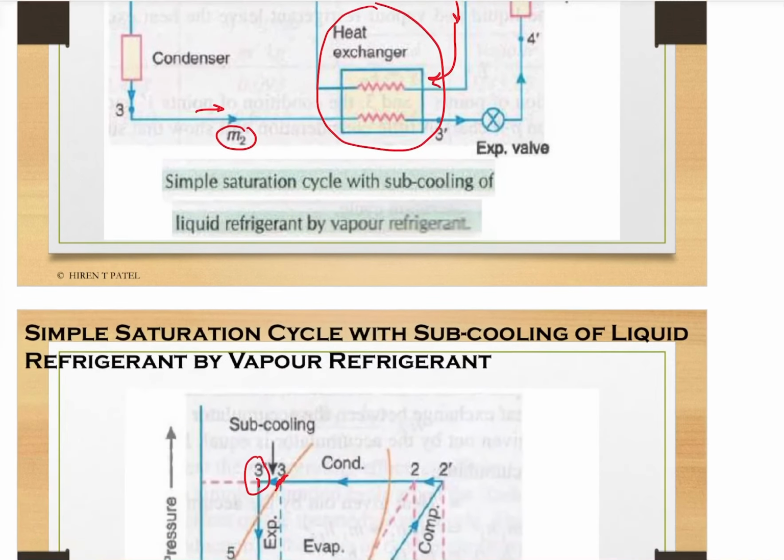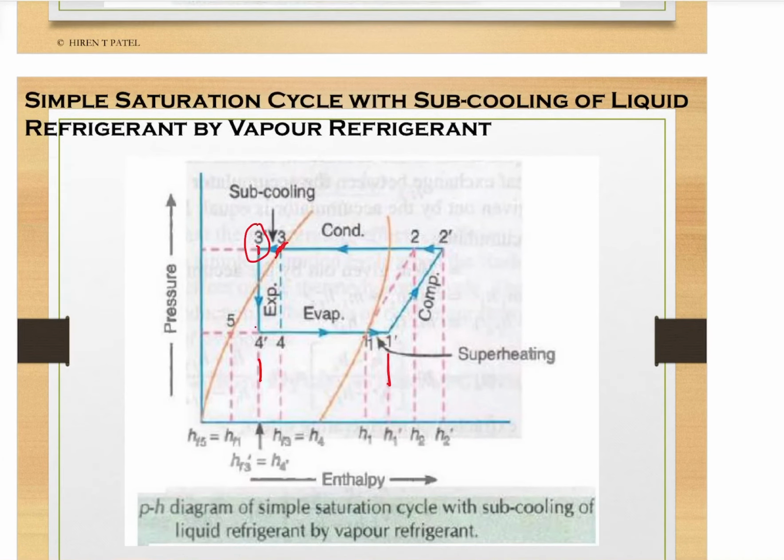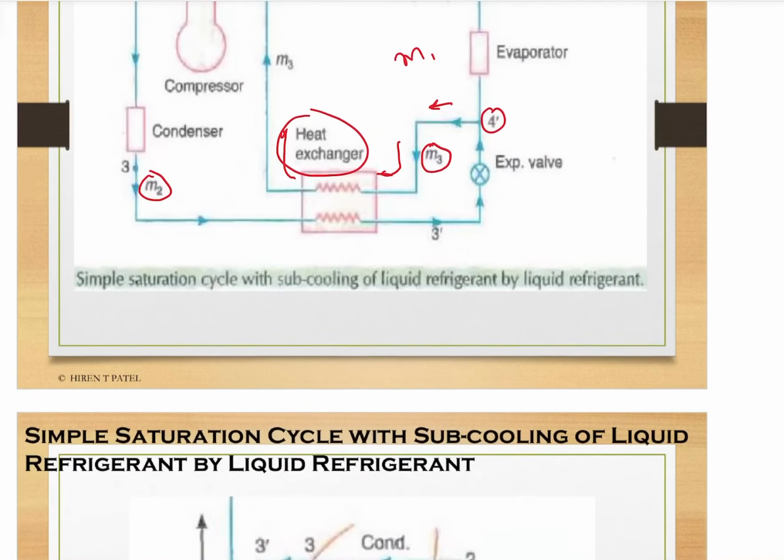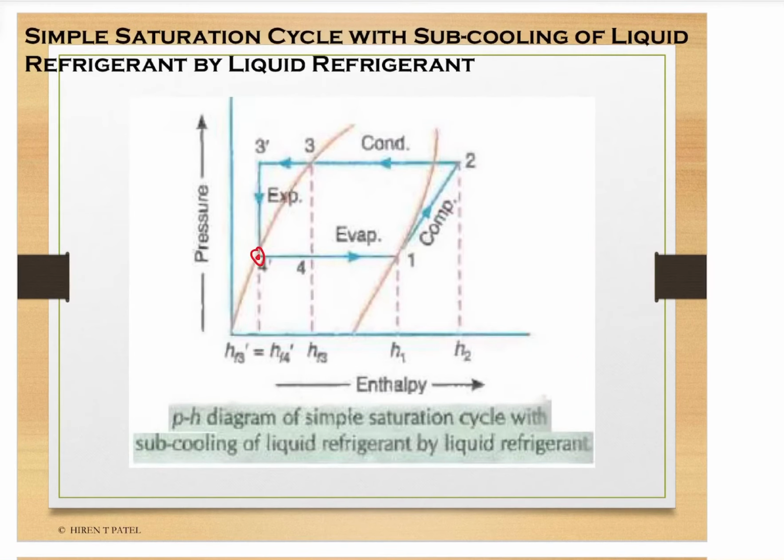In the last case, if we see the pH chart, the 4 dash point is in between the mixed zone. So, it is in the wet vapor region. So, the liquid refrigerant has some amount of vapor, but in this case we are not having any vapor particles inside the refrigerant. So, the 4 dash point is completely saturated liquid.